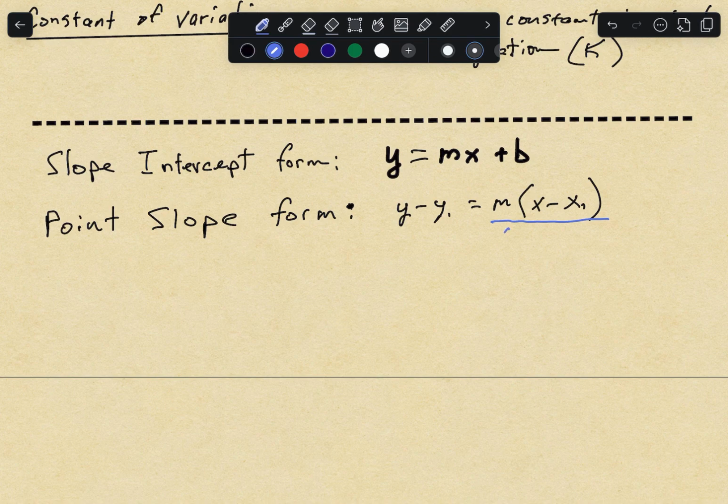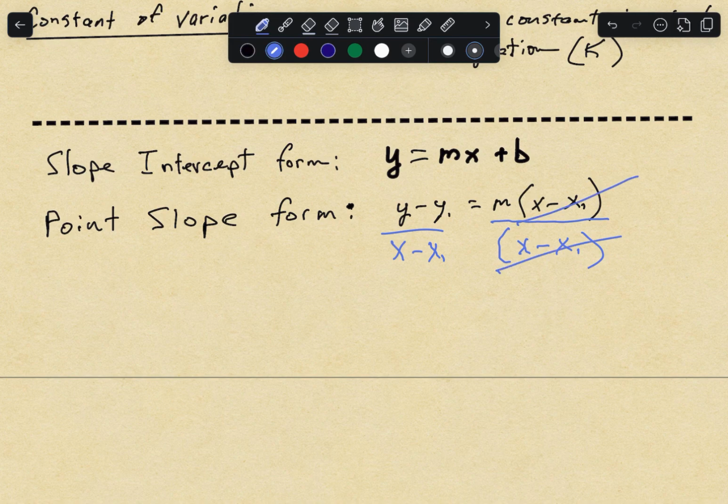If I were to divide the entire thing by x minus x sub 1 and do the same thing over here, this right here cancels out, right?